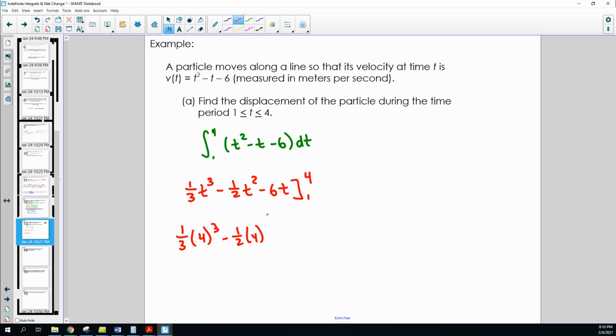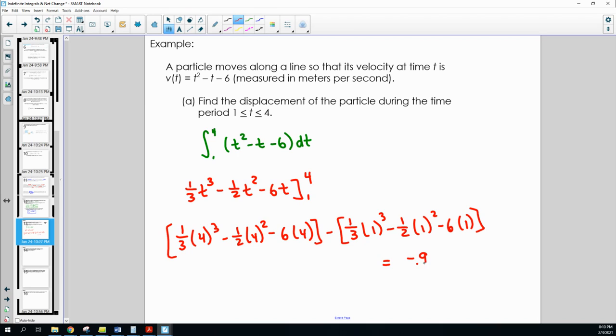Okay, I can't leave that as my answer. I have to make sure that I at least plug in everything, put this in brackets, minus 1/3, that's 1 cubed, minus 1/2, 1 squared, minus 6 times 1. And then if we solve this correctly, this is going to give me negative 9/2, which is negative 4.5.